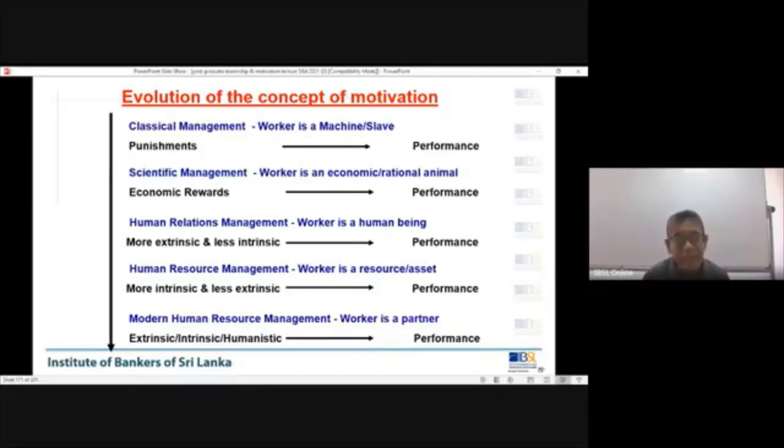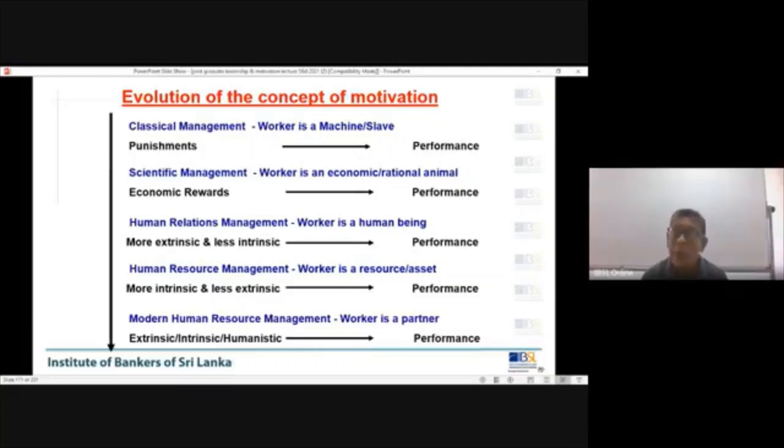Then we discussed human relations management. Elton Mayo talked about a lot of things. You must have heard about the Hawthorne experiment, right? And what he said: the worker as a social element.